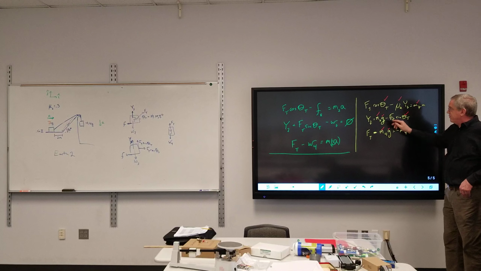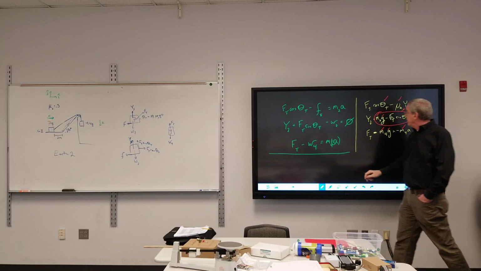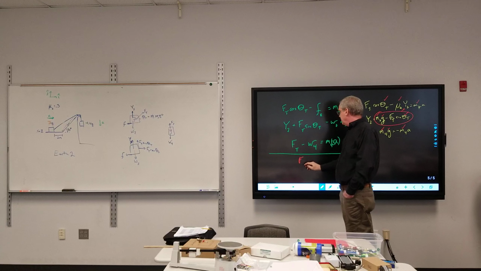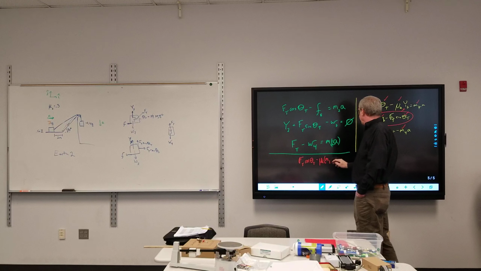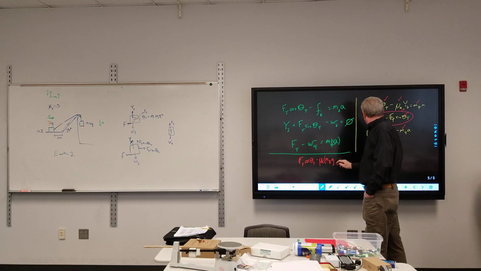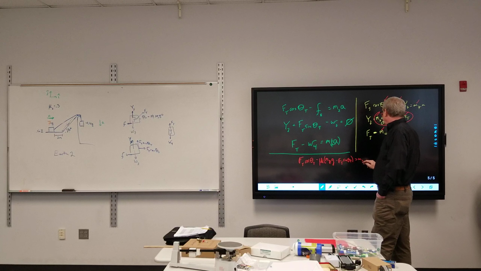So we can get rid of the Y by substituting that in for Y right there. So I have FT cosine theta T minus mu K times M7G minus FT sine theta T equals M7A.